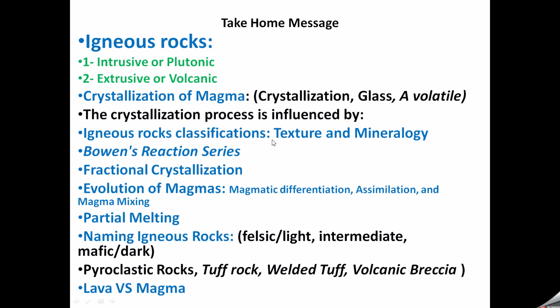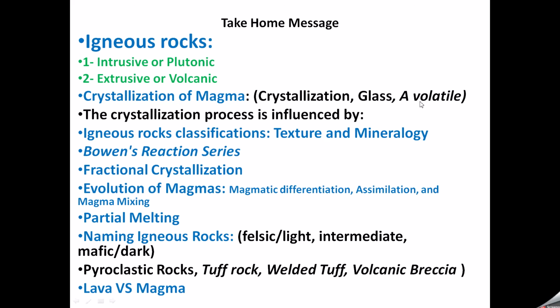And by this, we go to the take-home message. Here we have igneous rocks: intrusive or plutonic, and the second type, extrusive or volcanic. Then we looked at the crystallization of magma, crystallization and glass, volatiles.